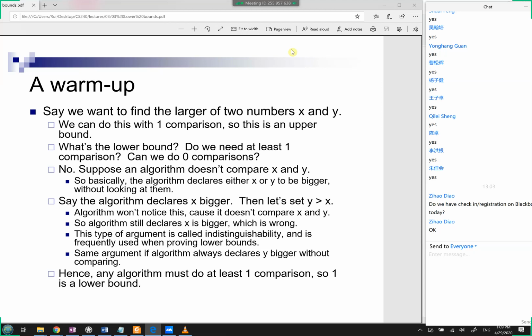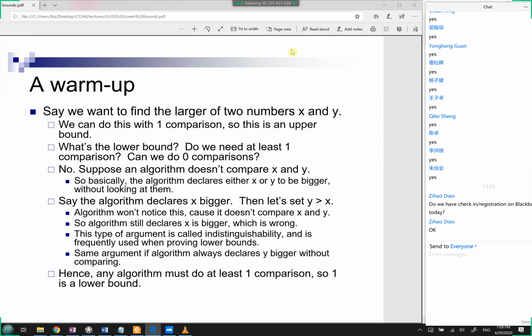What we mean by indistinguishable is that the algorithm can't tell any difference between x and y. The reason it cannot tell any difference is that if the algorithm runs very quickly, then x and y might differ in just one tiny part of their inputs. So x can be a big input, y can be a big input, and they differ in just one small part. If the algorithm runs very quickly, then it simply won't see that small part.